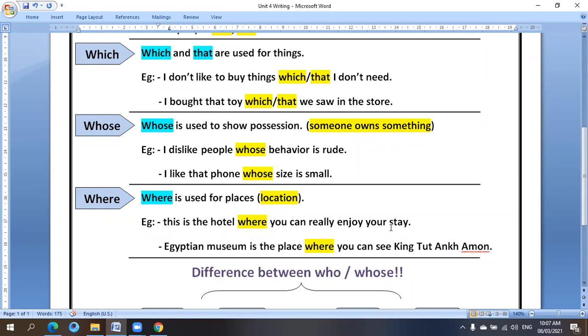The only way to use which instead of where is to use a preposition with it. Is it clear? Any questions, anyone?